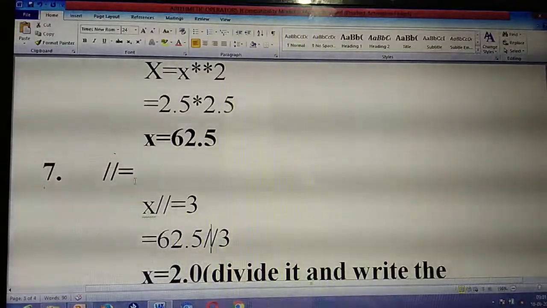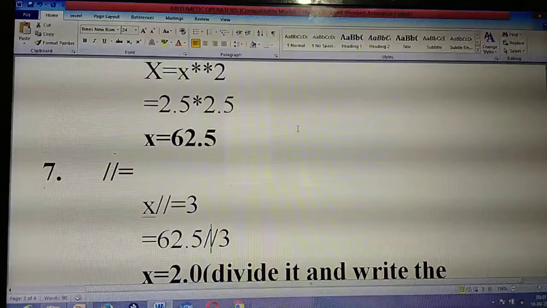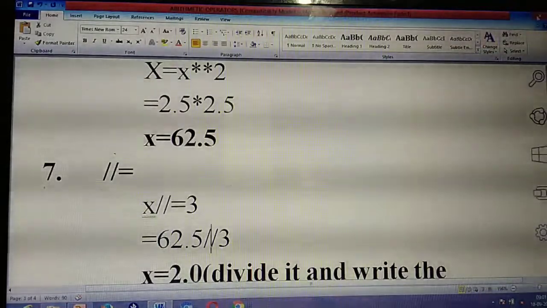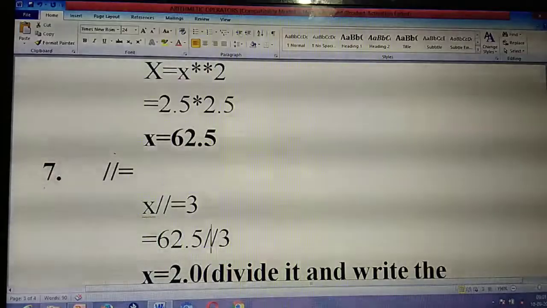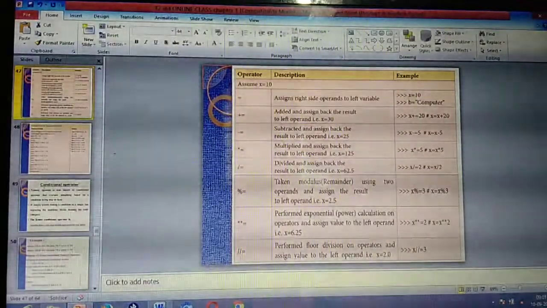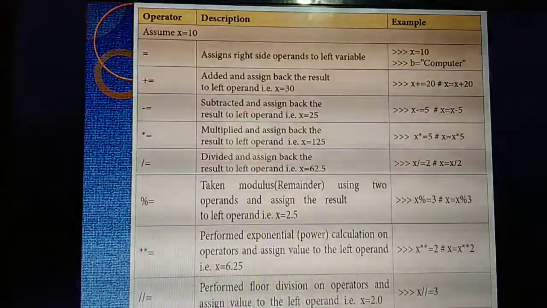Have you all written? Please note it down near the tabular column or on a paper. Very, very important this one. Now you read this tabular column.